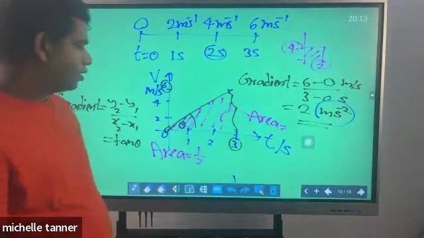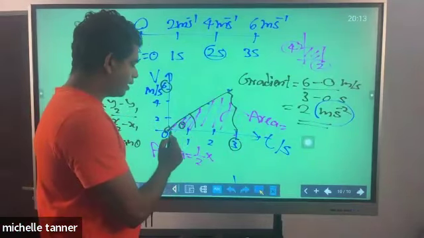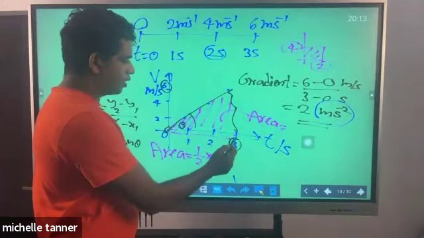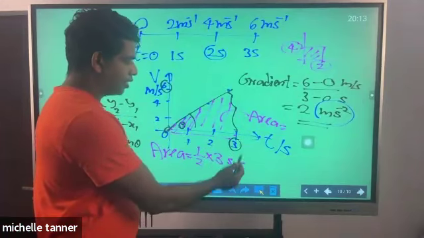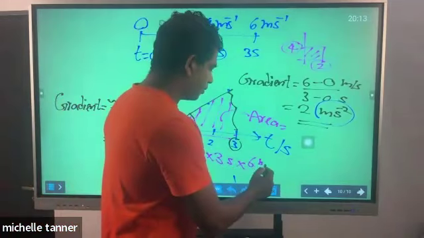In a triangle, half base into height. The base is 3 seconds. The height equals 6 meters per second.